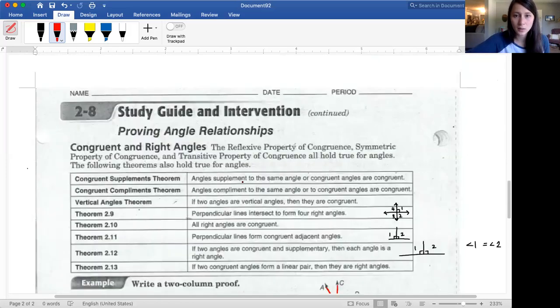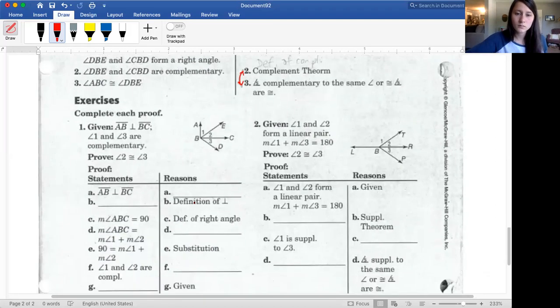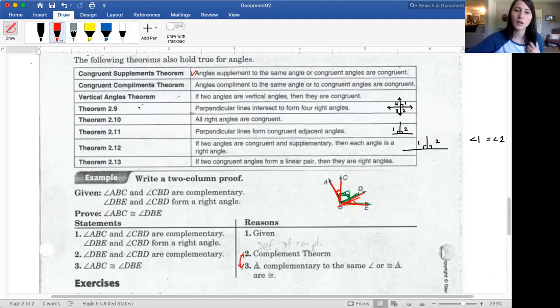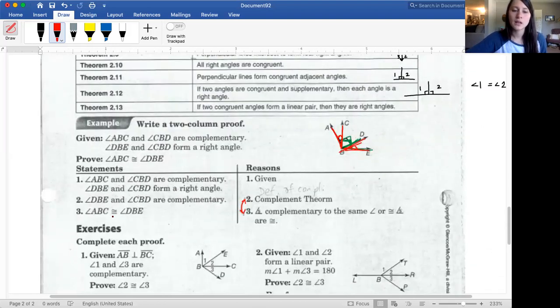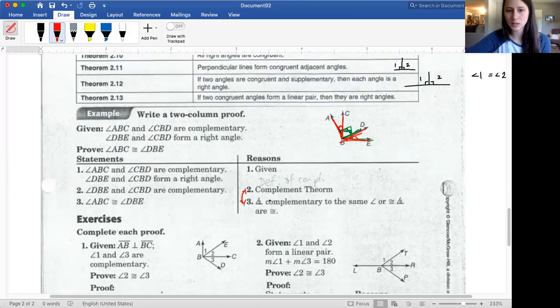That's basically what I've just said up here, the congruent supplements theorem. And then finally, because I know that they are complementary to the same thing, I'm going to conclude that ABC and DBE are congruent because of the complement theorem. So I had to describe what the complement theorem was first, and then I used it, okay?